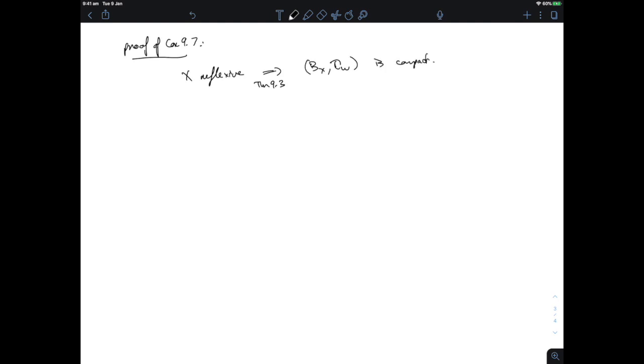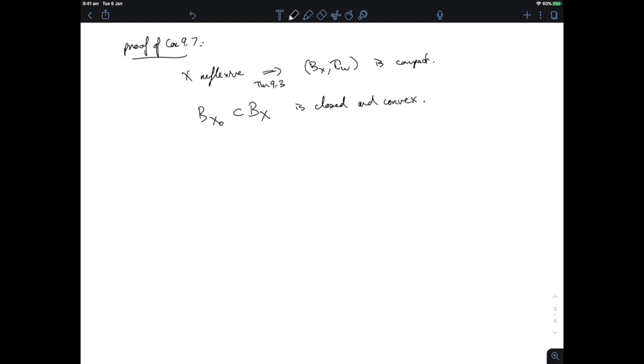Now, what if I look at the unit ball of the closed subspace X naught, seen as a Banach space, which I can do because it's a closed subspace of a Banach space? This is going to be a subset of the unit ball of X, and it's a subset that's closed and that's convex.